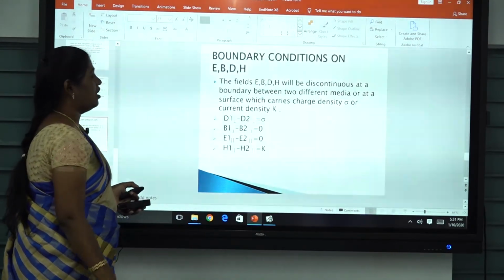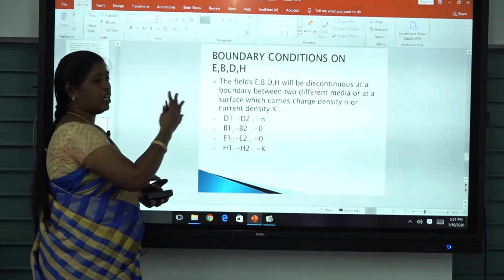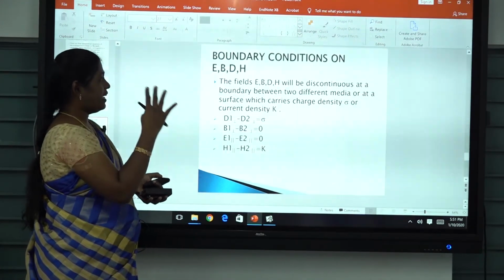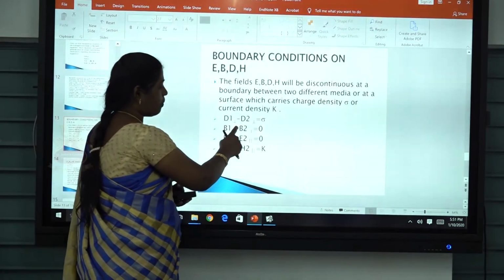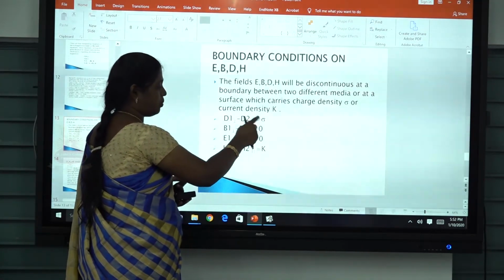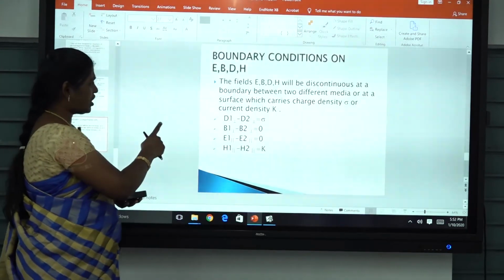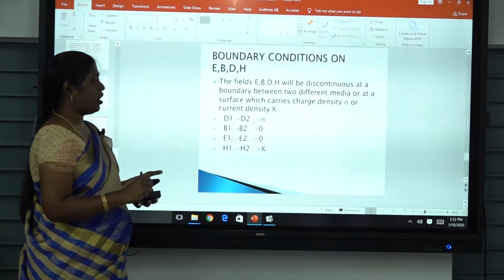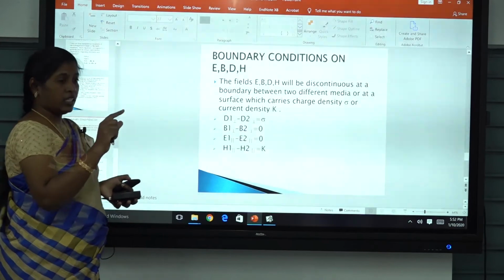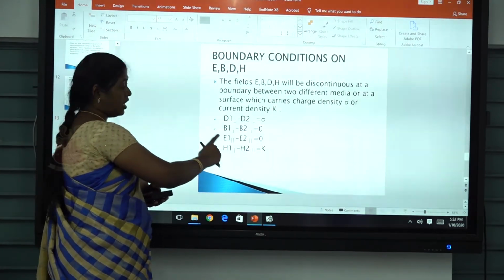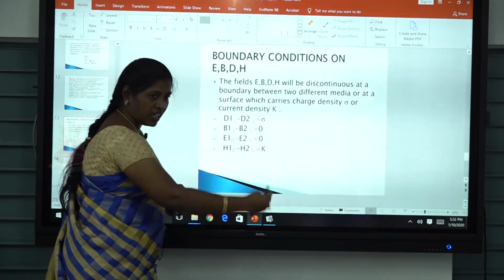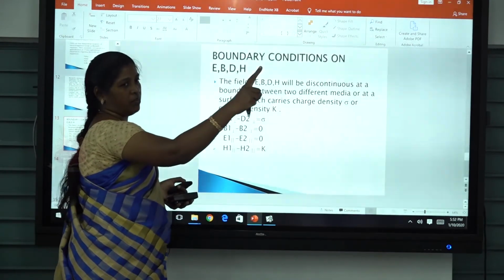Using these equations, we can derive the boundary conditions on E, B, D, H. The first boundary condition is D1 normal minus D2 normal equal to sigma. That means the normal component of the electric displacement is discontinuous at the surface by the amount of sigma.